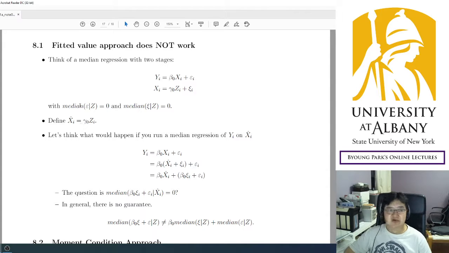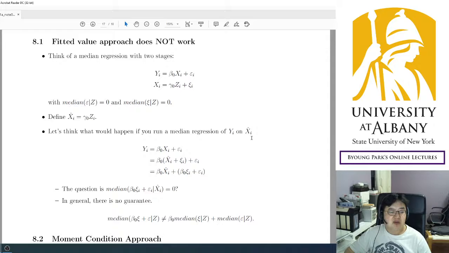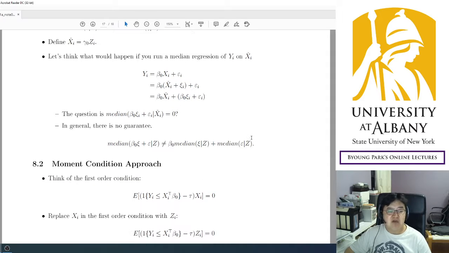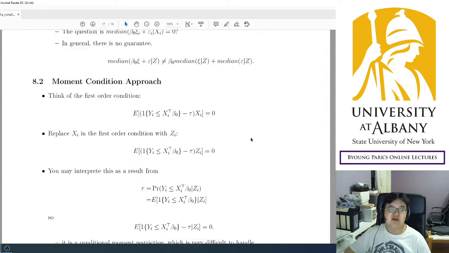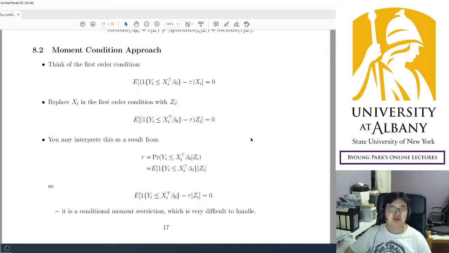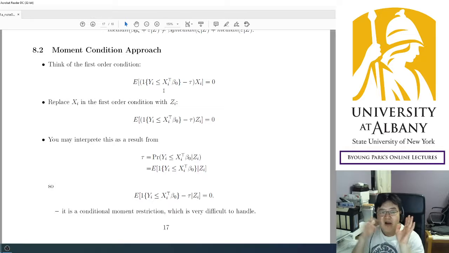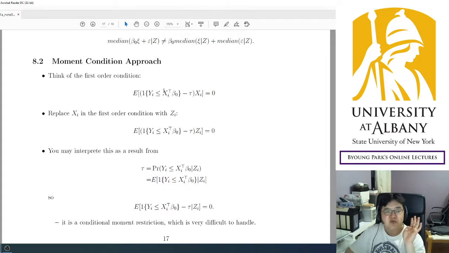So it doesn't work. End of the story. Game over. However, the hope is in the moment condition approach. In the moment condition approach, we start from the first order condition. Conditional expectation is not easy to handle.